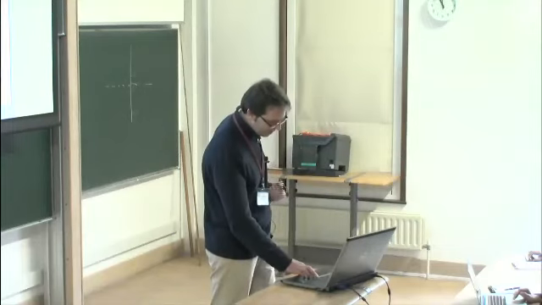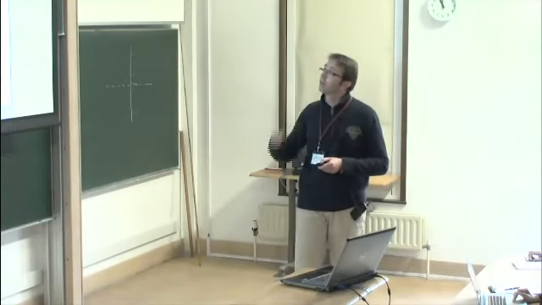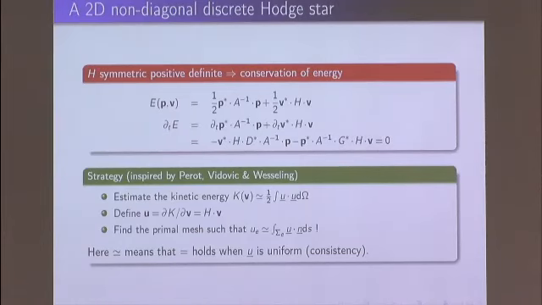So the only serious constraint is that the interpolation operator should be symmetric, and that's not so easy, but there's a general way to derive a symmetric operator. It's just to form a symmetric quadratic form. So that's kinetic energy, and that's actually what Perot and co-authors did earlier.